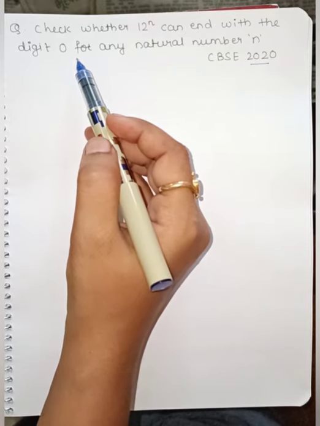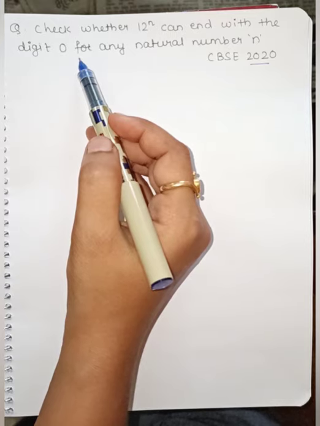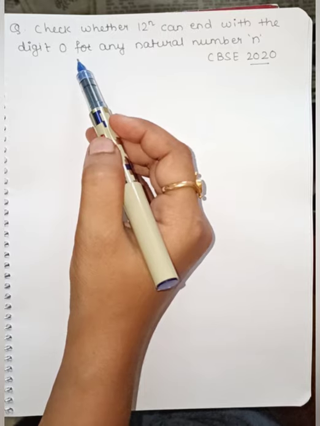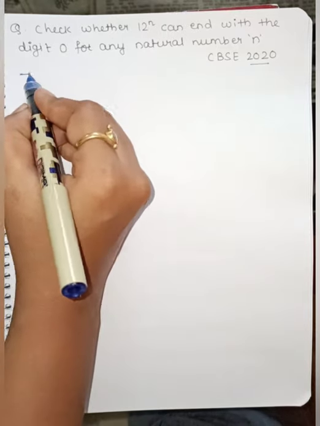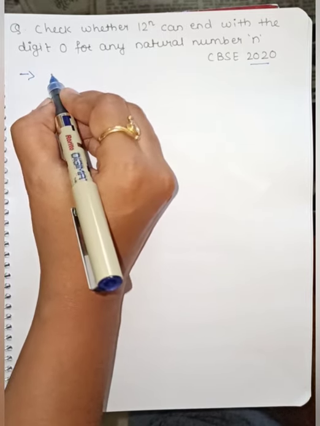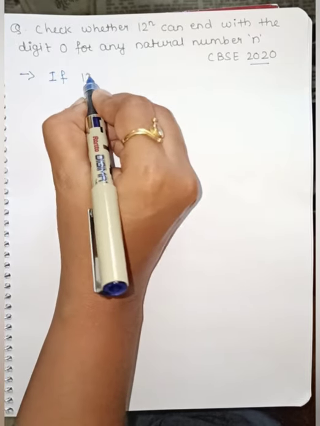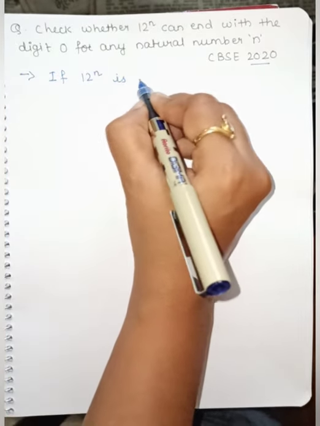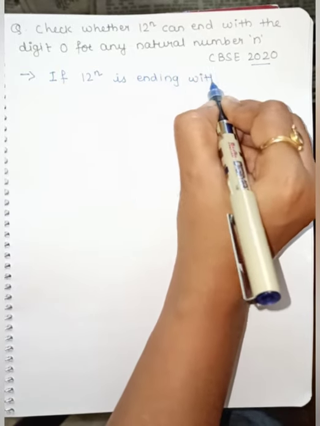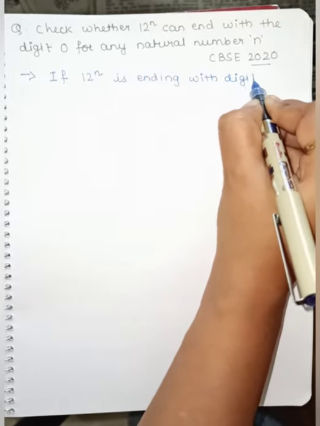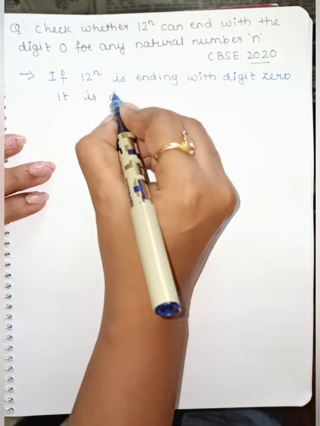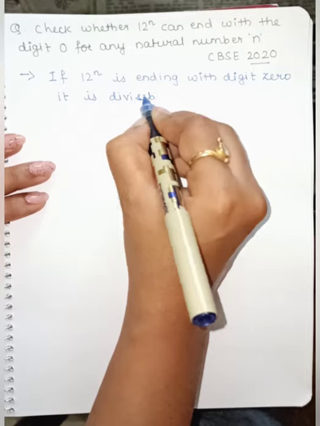Now, as we know, if any number is ending with 0, it is divisible by 5, isn't it? Yes. So, if 12 raised to n is ending with digit 0, definitely it is divisible by 5.